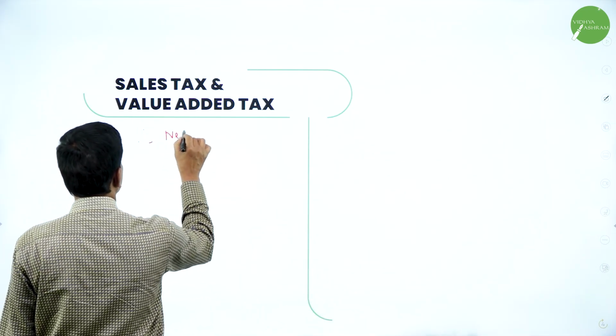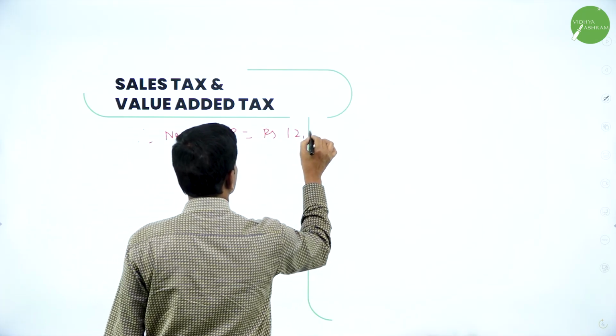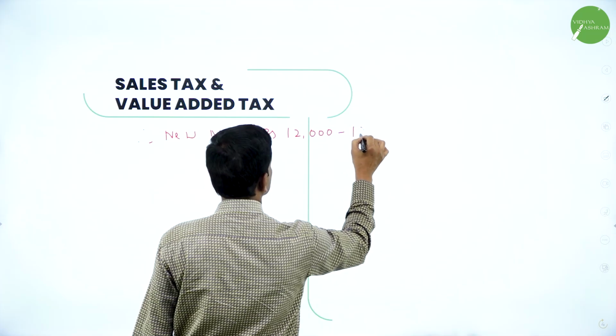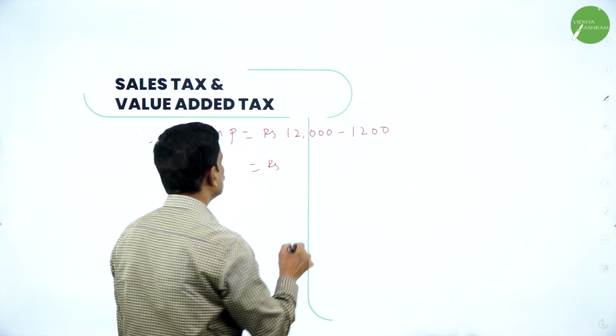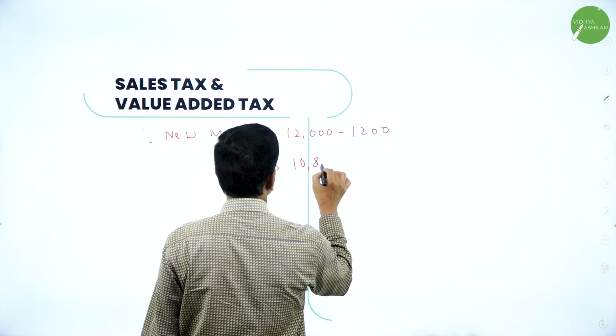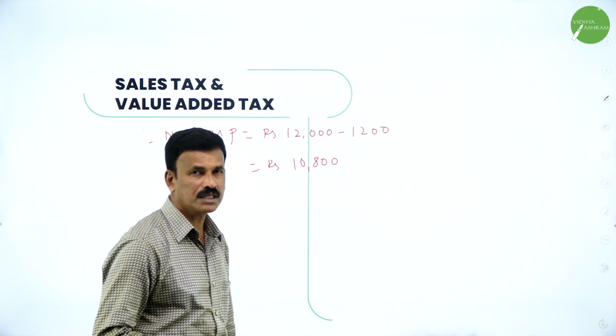Therefore the new market price is equal to rupees 12,000 minus 1,200, that's equal to rupees 10,800. 10,800 is the new MP, new market price.